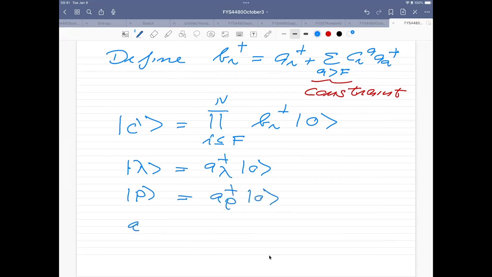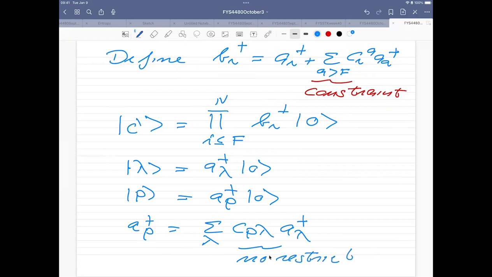What we found then is that this a_P^† is now given by a sum over lambda, where we have the overlaps between the coefficients. And this is a general expression. And in this case, this is an unconstrained sum. There are no restrictions on the sum. It simply runs over all the states which we have in the computational basis.